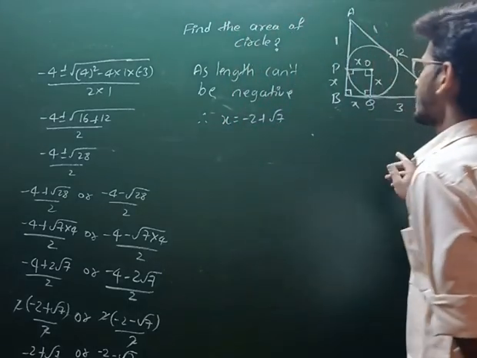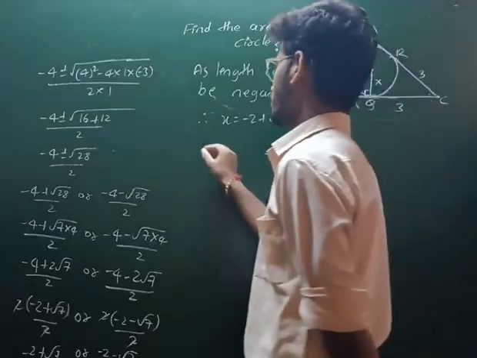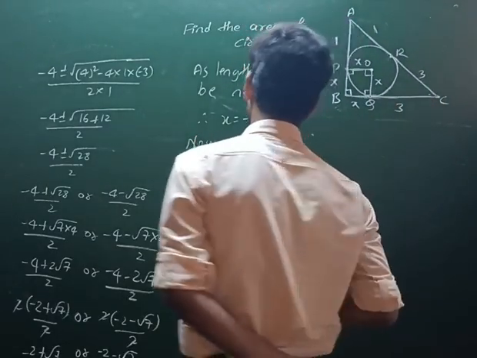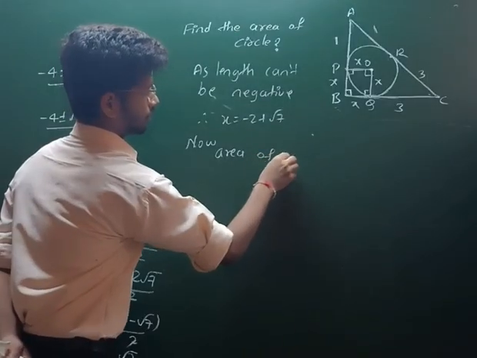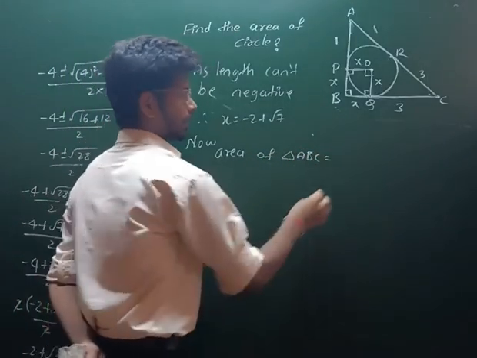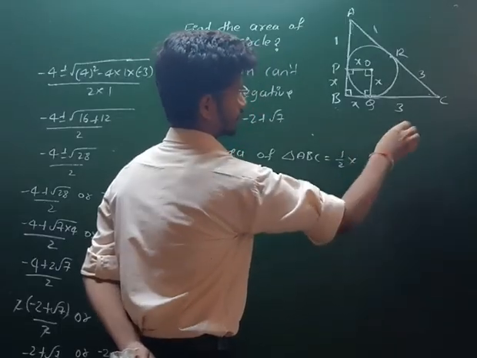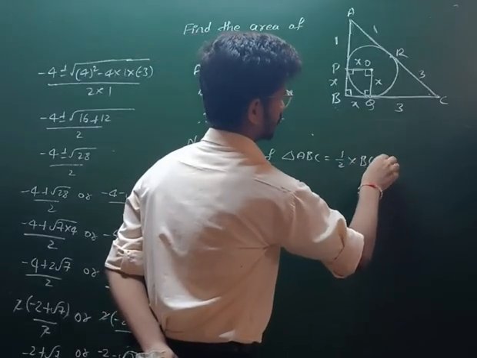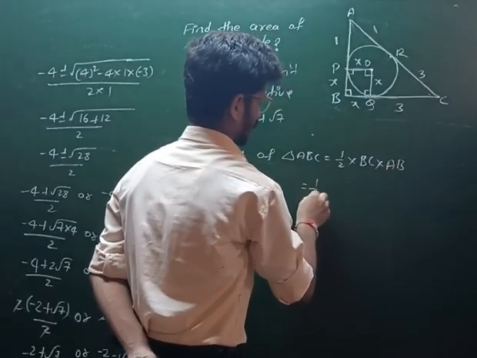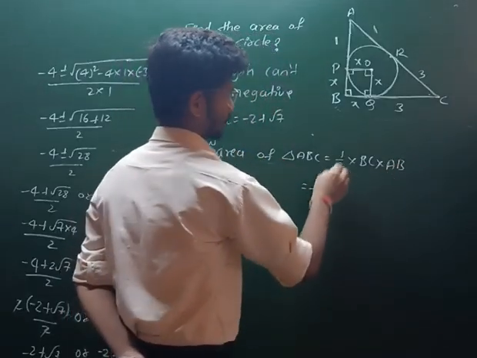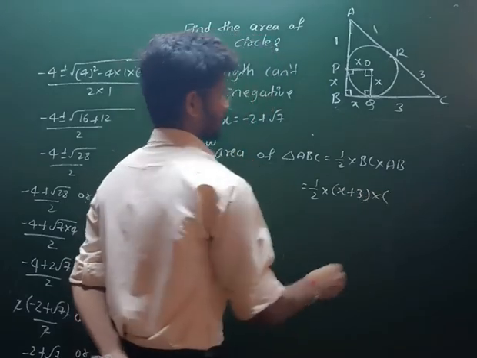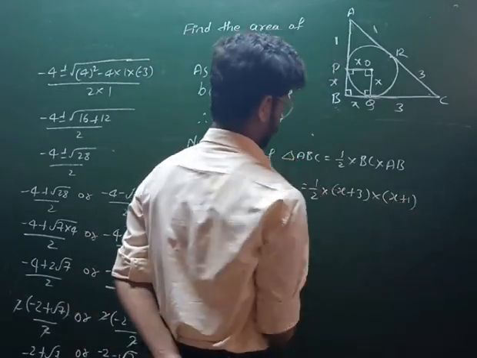Now you find the area of this triangle. Area of triangle ABC is equal to half into base BC into height AB. BC can be written as x + 3 and AB as x + 1.